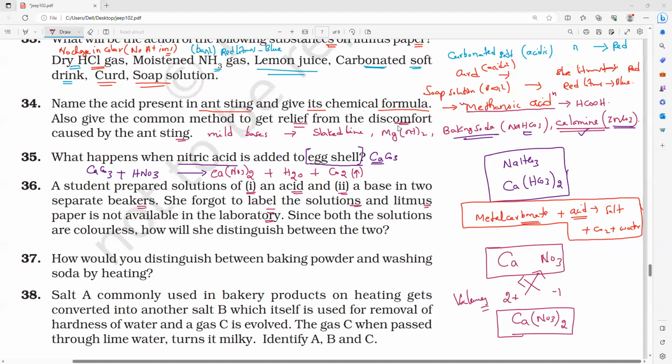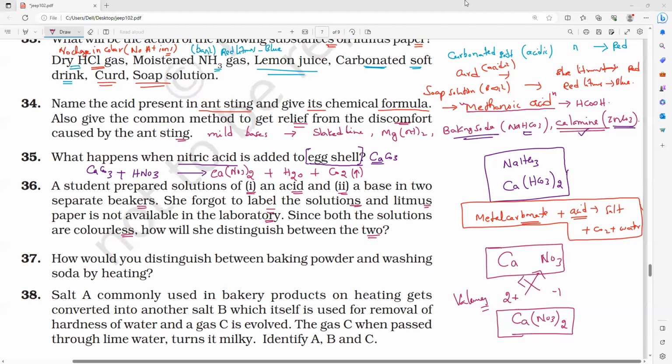So now she does not have litmus paper. Since both the solutions are colorless, how will she distinguish between the two? Girls will answer. Let us give a chance first to Gayatri and Tejaswini.